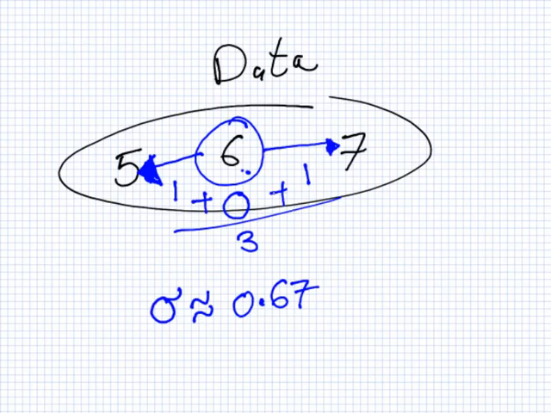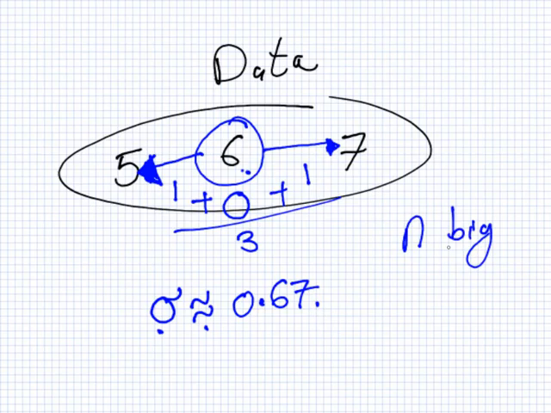So if you take the average of 1, 0, 1, this should be about the same as the standard deviation. Now, it's never going to be exactly the same. And the bigger n is, the better this approximation is. So for only 3 points, it's not too bad.